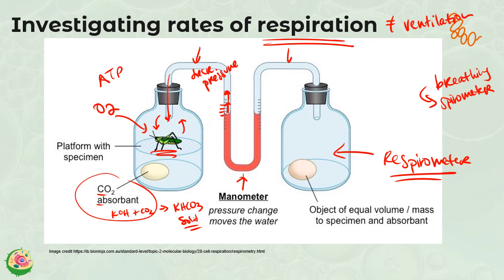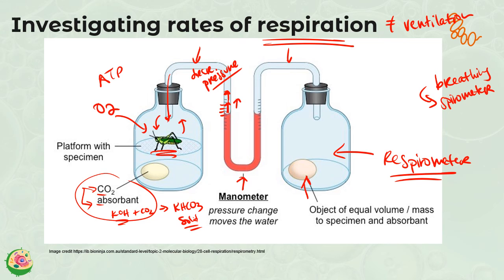So you wouldn't have any changes in volume leading to that change in pressure, leading to the movement of the water in the manometer. So this, again, potassium hydroxide or whatever other carbon dioxide absorbent we've got in the chamber with our living organism, just helps us to not have carbon dioxide gas taking up space in the chamber.